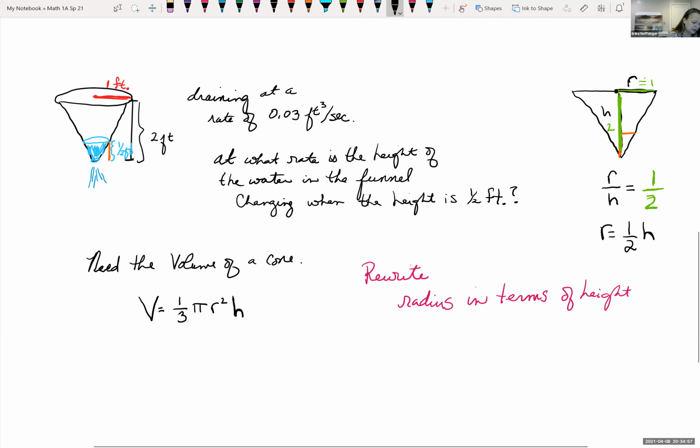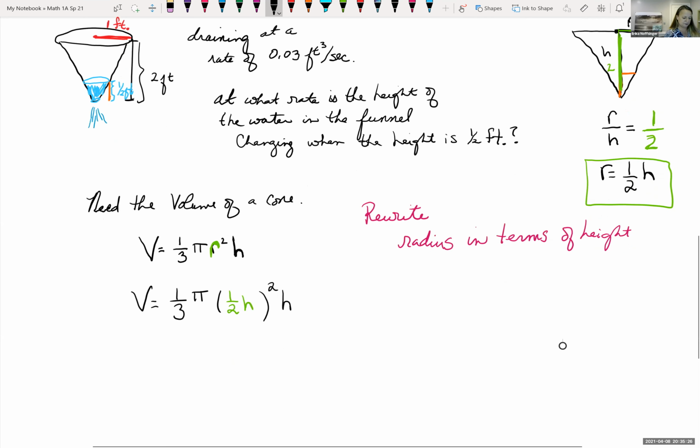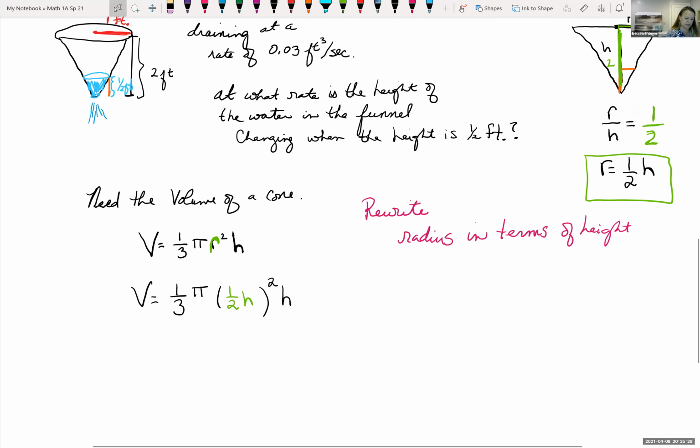Okay, so let's go back in there and substitute so that our equation is all in terms of H. So I have V is equal to 1/3 pi times R, but R is 1/2 H, and I'm going to square that, times H. So just clean it up a little bit before we take the derivative.